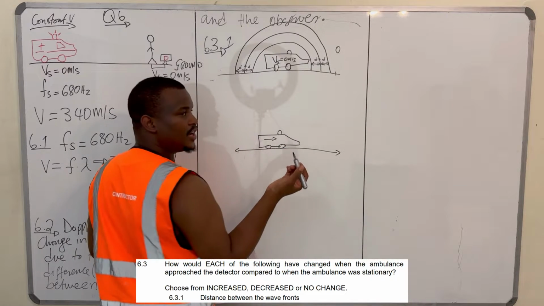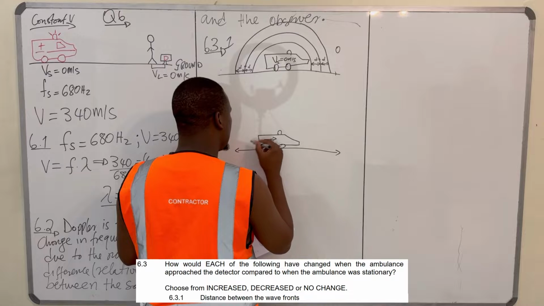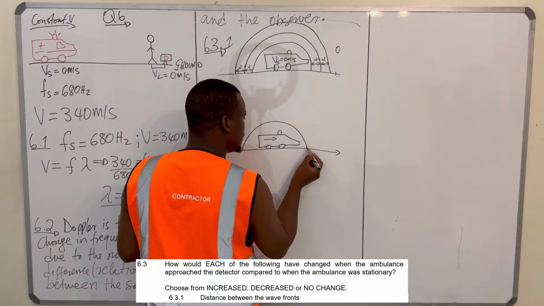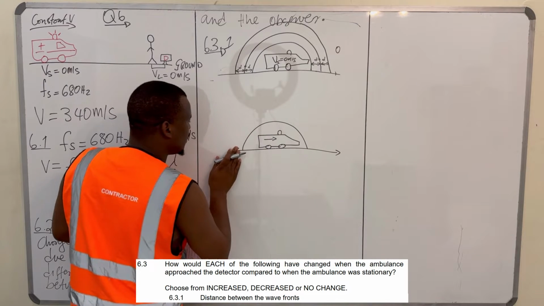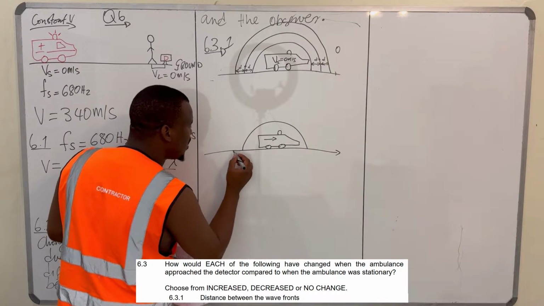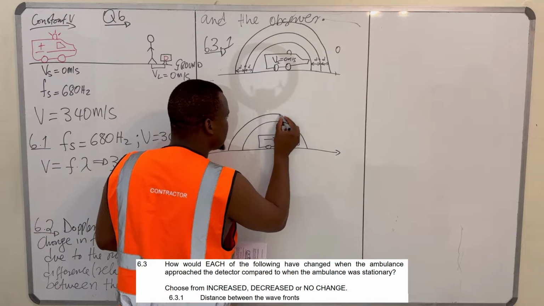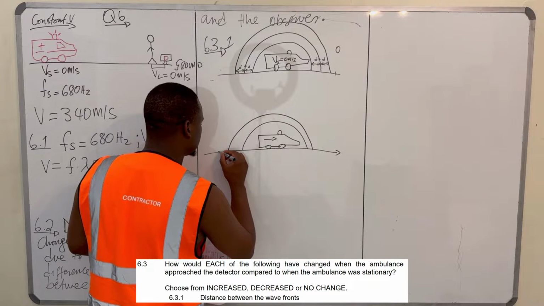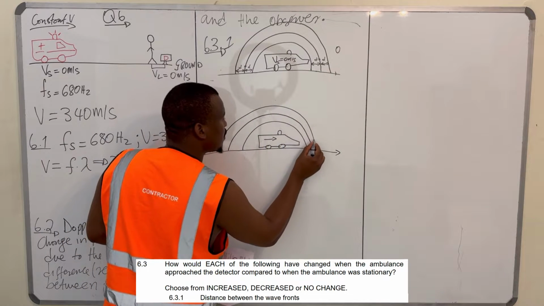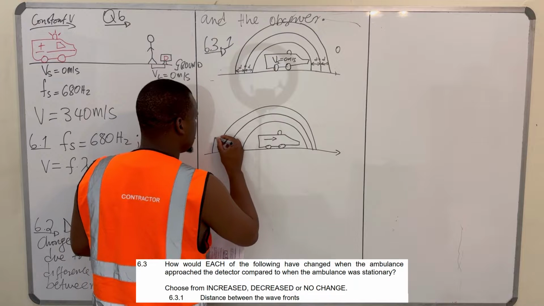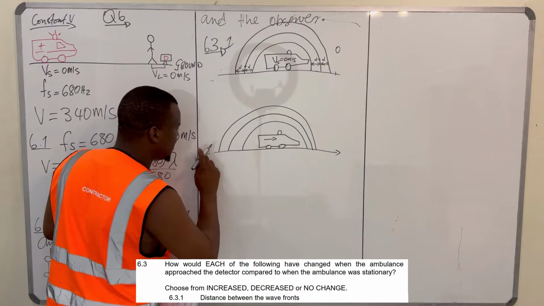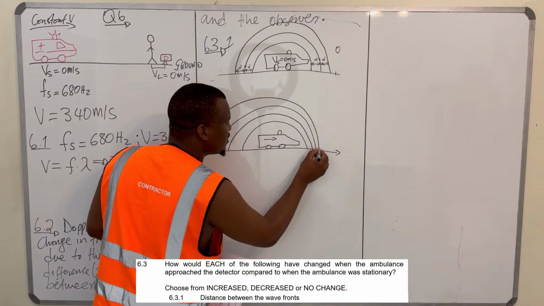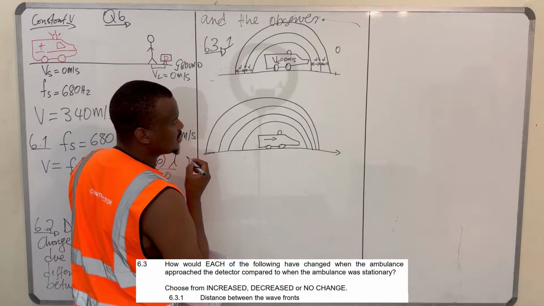So it has a velocity now, or it has speed, it is moving. Behind the ambulance, the wavefronts are spread out, and in front of the ambulance, they are closer together. You see the distance there. In front, they'll be closer together, right?